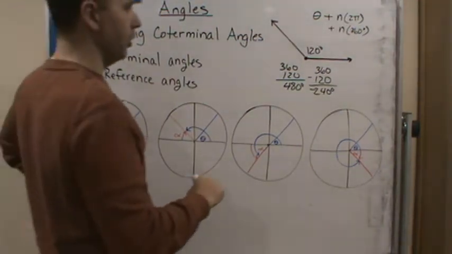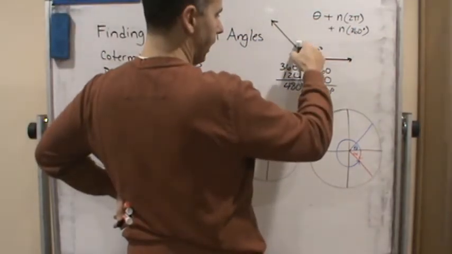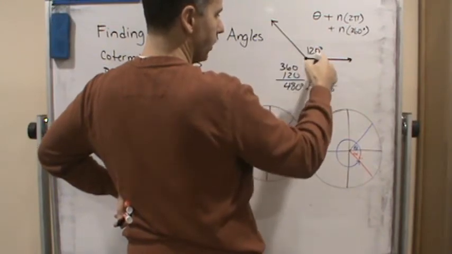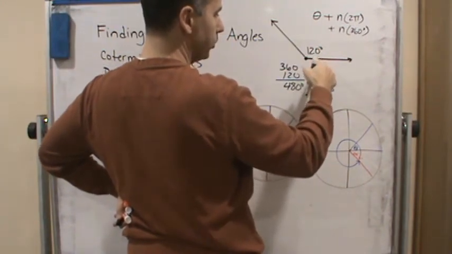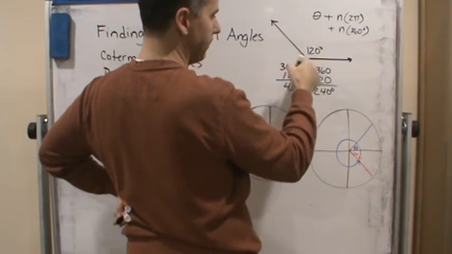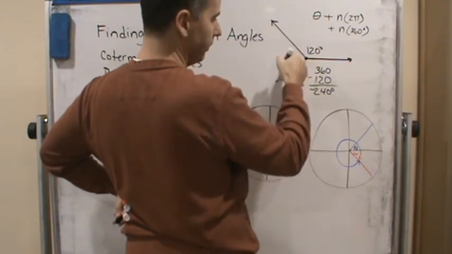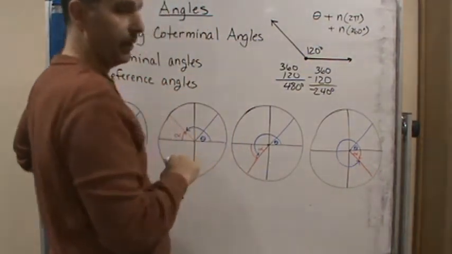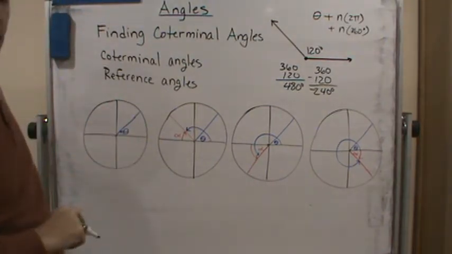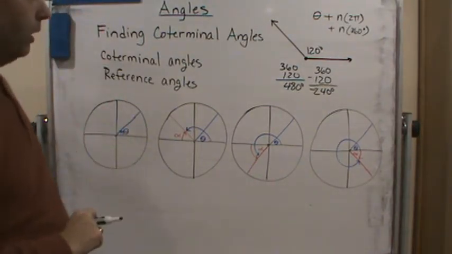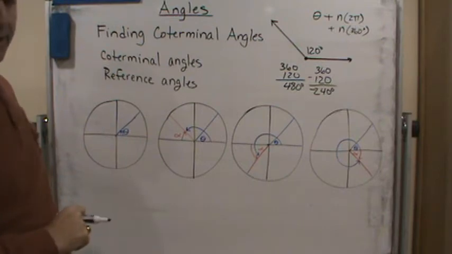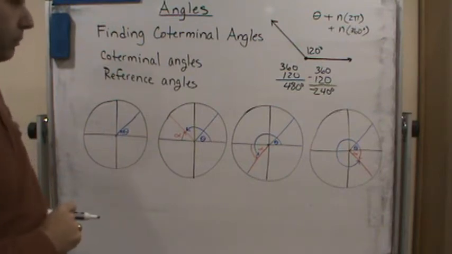So all I had to do was subtract 120 from a whole circle, and that's the other side, right? Because I'm looking for the opposite angle here, okay? I can't say complementary, but the other angle that adds up to 360, right?